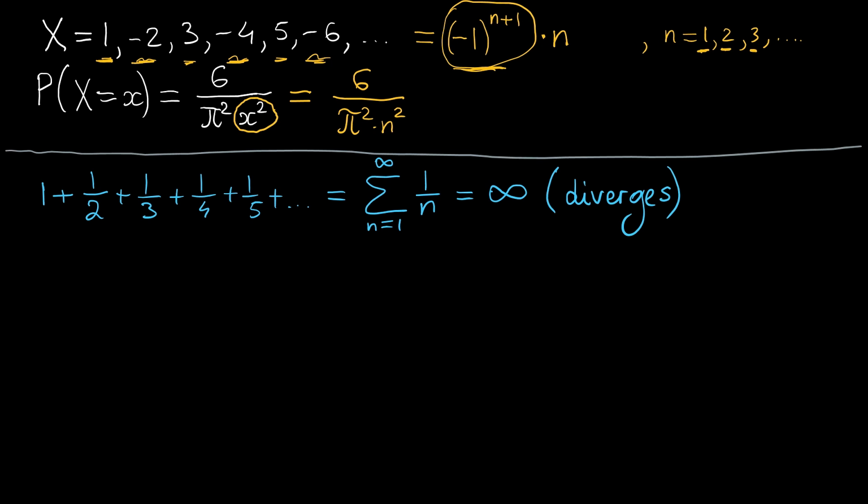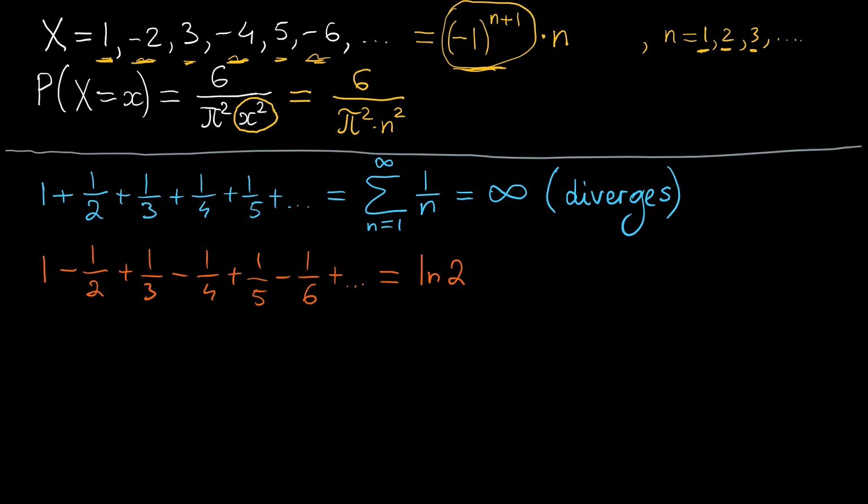But a close cousin of the harmonic series, which is called the alternating harmonic, where we alternate the signs, this one famously does converge. And if we were to work it out, it'll give us log of 2. And we need one more.